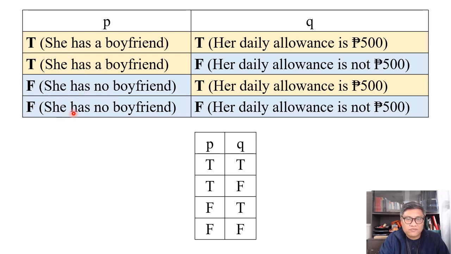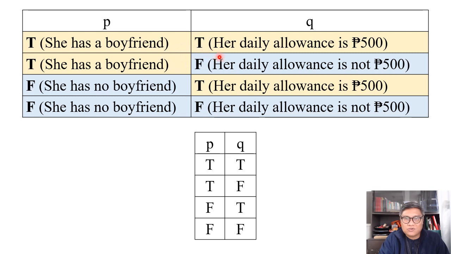Then she has no boyfriend, she has no boyfriend. Now, of course, in the Q statement, this is also the same as true, false, true, false. So her daily allowance is 500. So this is false. Her daily allowance is not 500. True, her daily allowance is 500. Then her daily allowance is not 500. So this will be the 4 combinations, class.